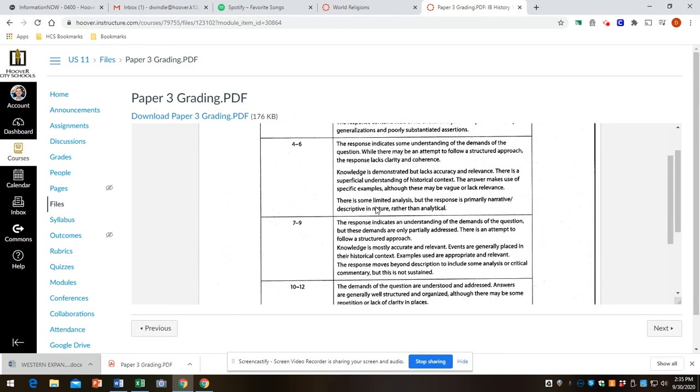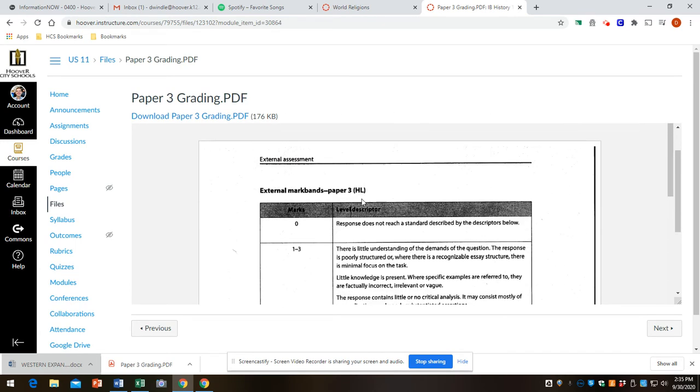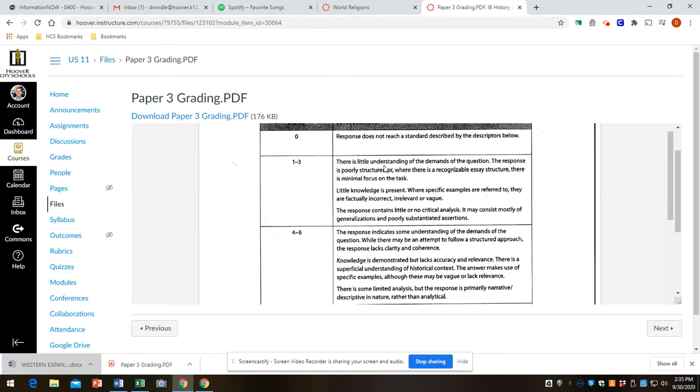Let's look at a 3. The high range of this, there is little understanding of the demands of the question. The response is poorly structured, or where there is a recognizable essay structure, there is minimal focus on the task. Little knowledge is present. Where specific examples are referred to, they are factually incorrect, irrelevant, or vague. The response contains little or no critical analysis.